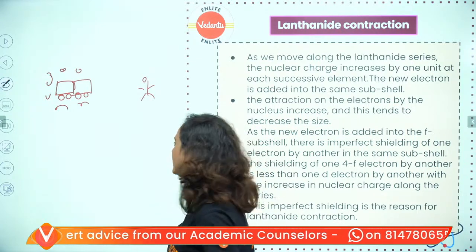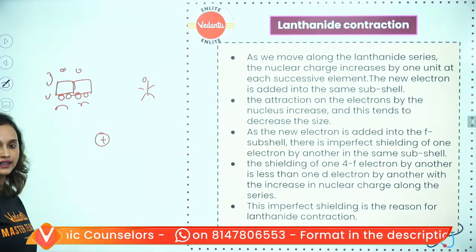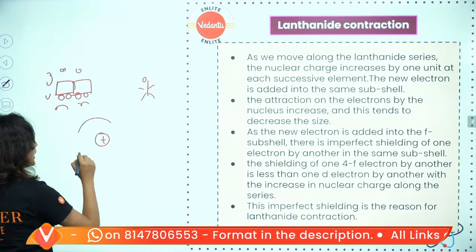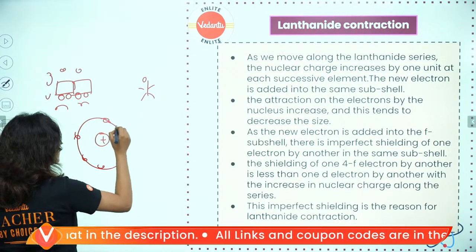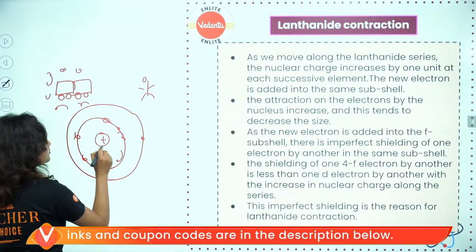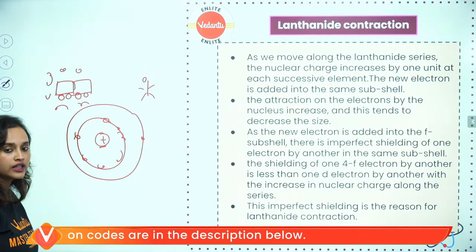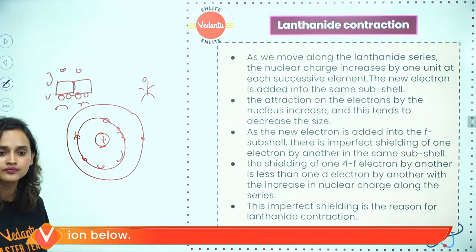The same way, if I consider this is my nucleus, and I have electrons, and then here is another electron, do you think that the positive charges in the nucleus will be able to pull this electron easily or not?